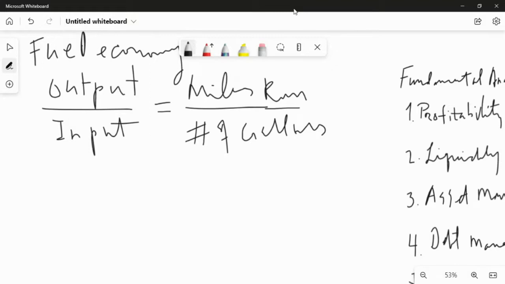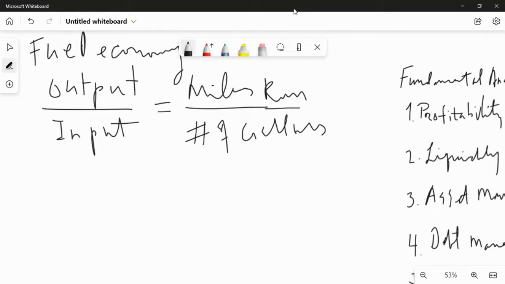Maybe 60 miles per gallon. I have a small car, a Kia Forte, relatively small, but bigger than a Prius, of course. If I drive only on the highway, I can get 46, sometimes 47 miles per gallon.